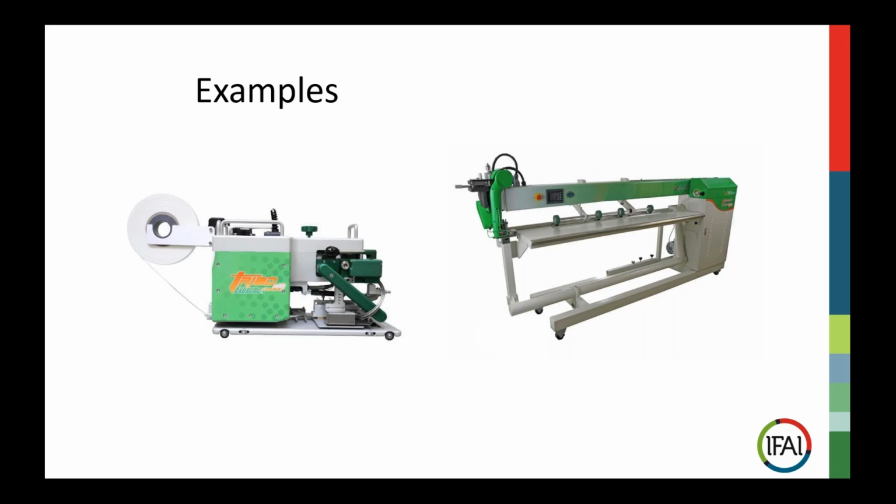Your operator would sit in front of the table with their material, whether they're doing an overlap or perimeter work, and sit down and weld. The machine on the left is a tabletop version. So really, virtually, we can fit any size of machine to your facilities.